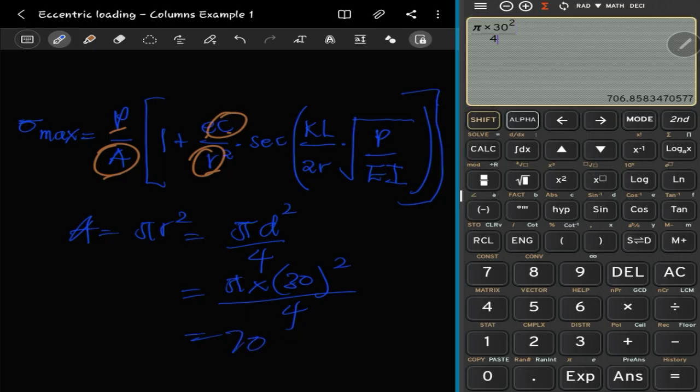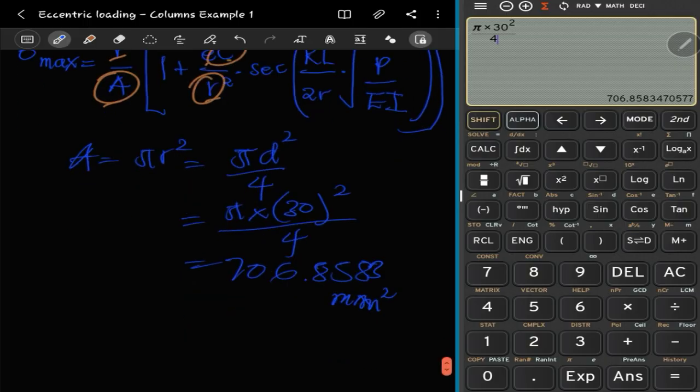That gives us 706.8583 mm squared. And the unit here is very important. If you miss that, it's a whole new story. Mm squared.